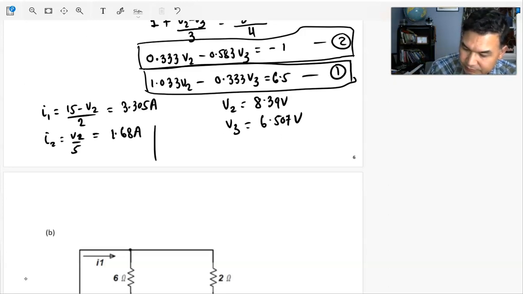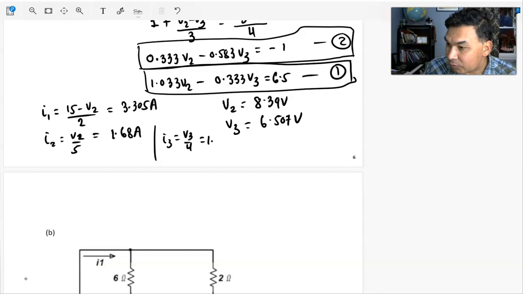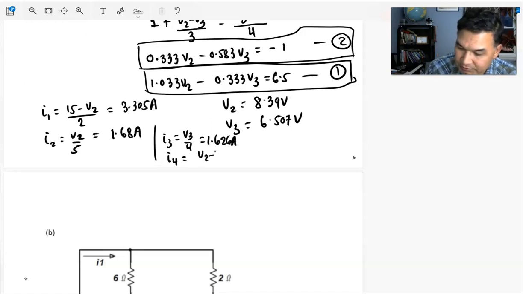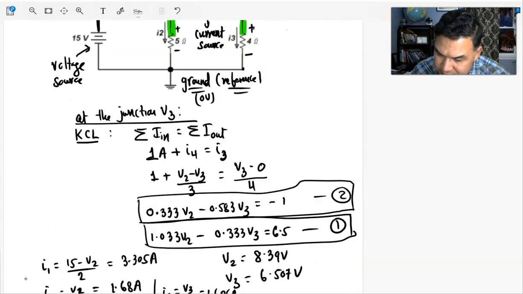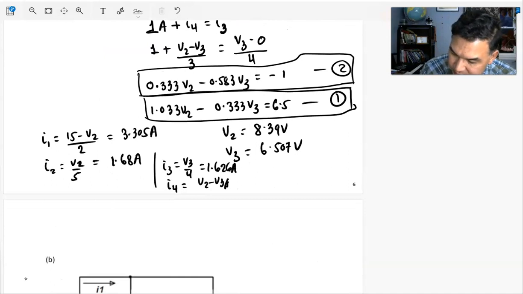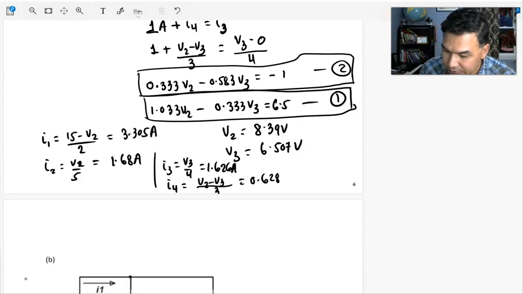Similarly, I3 is V3 over 4, and that's going to give you 1.626 amps. And the last one, I4 current: I4 is V2 minus V3 divided by the resistance 3 ohms. Should give you 0.628 amps.